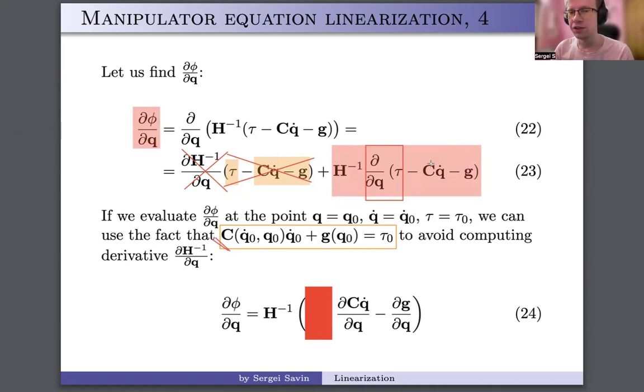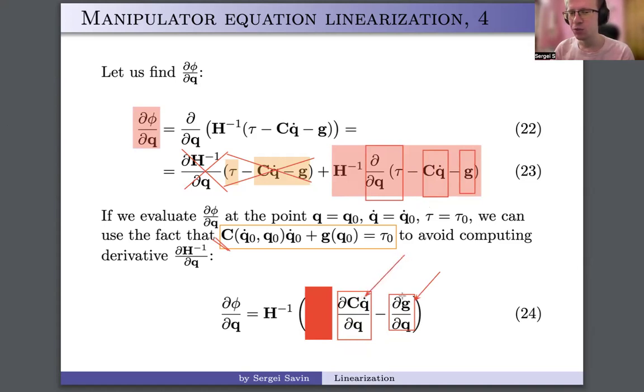And you have two derivatives. You have dc/dq, so this guy, and dg/dq, so this guy. Well, when you look into it, you'd find that this is basically a Jacobian. It is quite doable to find it.